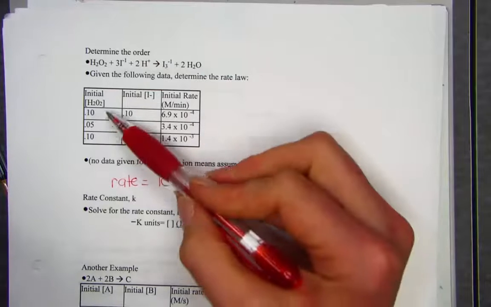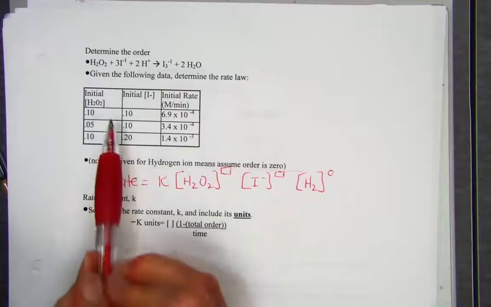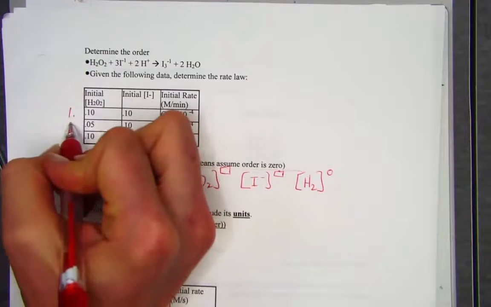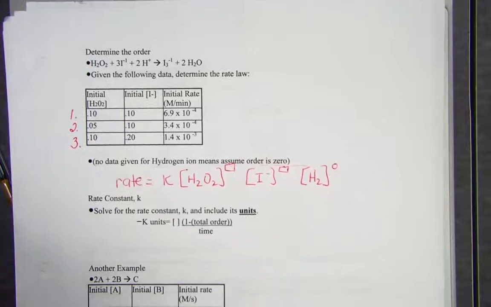How does changing the concentrations affect the rate? If we think about trial 1, trial 2, trial 3, we're trying to find convenient trials where we could hold one reactant constant and see what happens to the rate as we change the other.